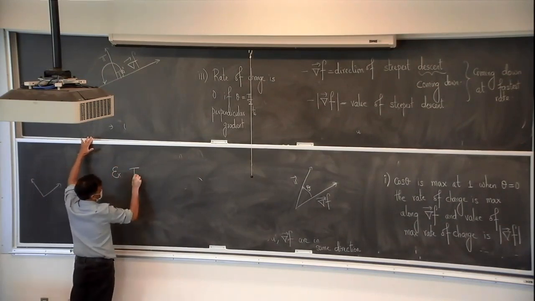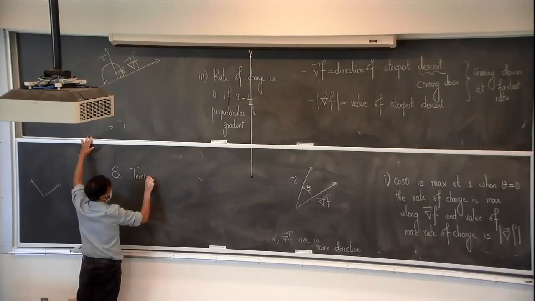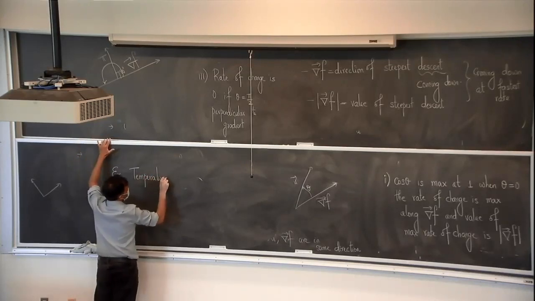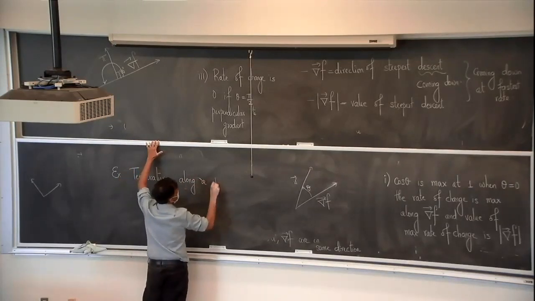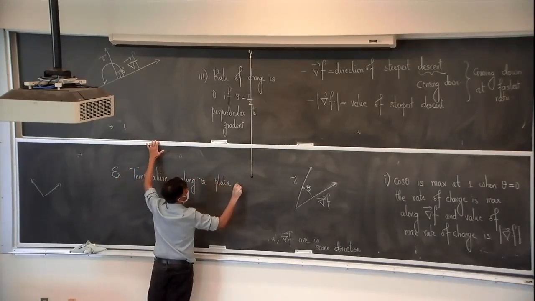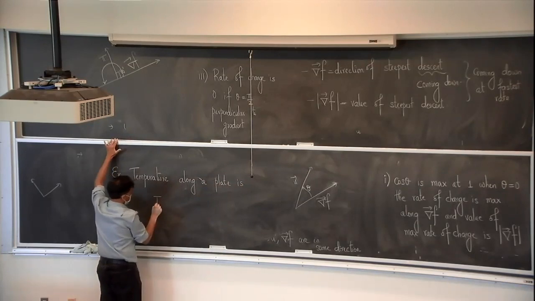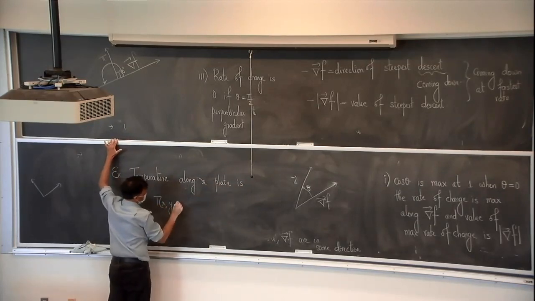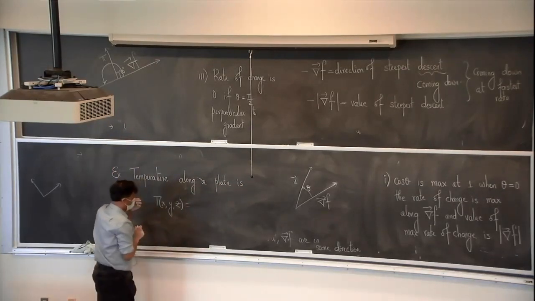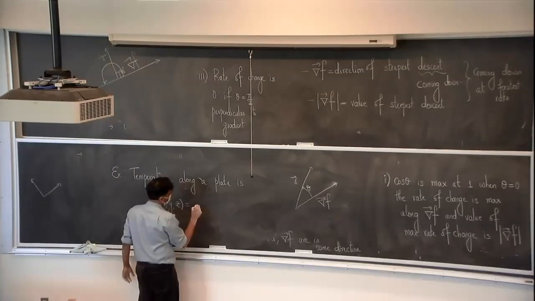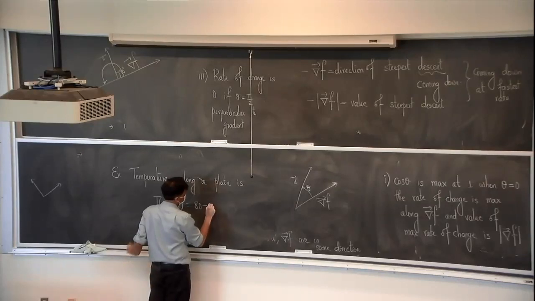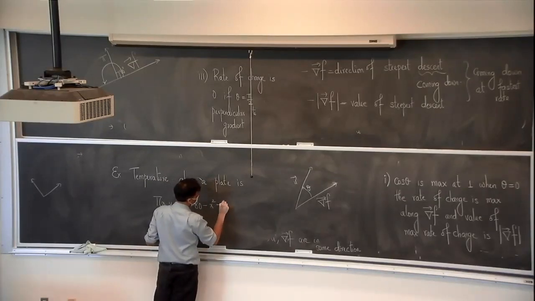Suppose the temperature distribution along a plate is given by T of x, y, z equal to 80 minus x squared minus y squared minus z squared.